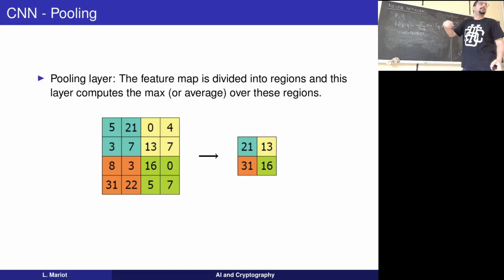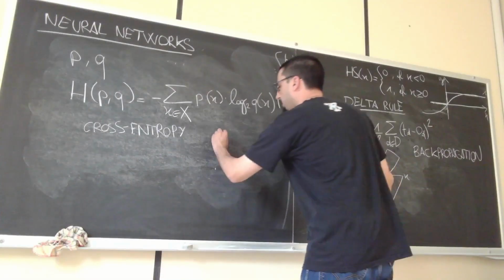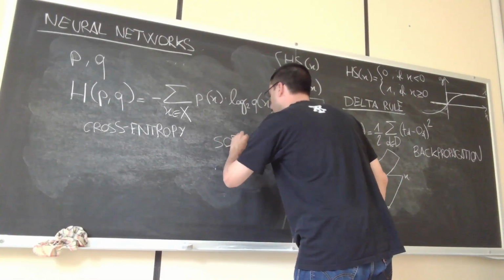And finally, we have the activation functions that we already talked about. We have a lot of them. It could be the identity function, which is not doing anything, or the binary step, which is the Heaviside function, or the logistic that we saw here, or the sign, or also what is called the softmax.